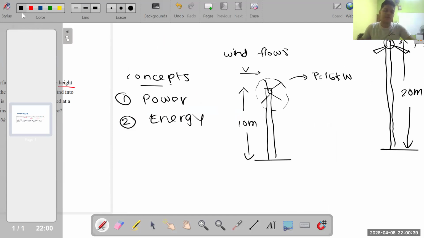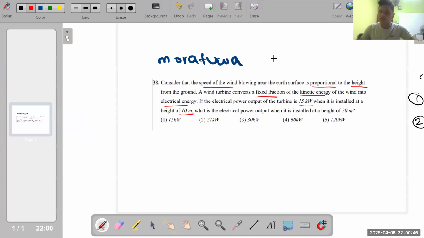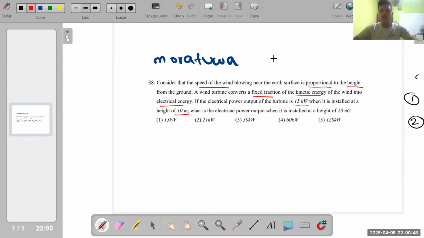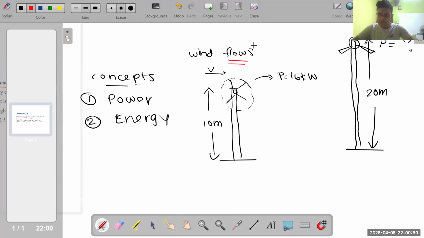This word is very important for this question. Now, this is from basic knowledge. They haven't given the word flows, but we know that wind would flow. That wind flows, so there is a kinetic energy that is generated. That kinetic energy is converted into electrical energy. That electrical energy gives an output of 15 kilowatt. That is the scenario. But we should understand that there is a kinetic energy that is created due to the wind flow. So wind flows.